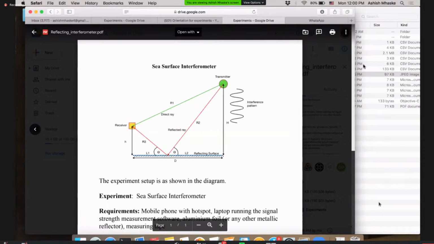That is relevant for the general 1 by r square dependence of the power received, then also for the corner reflector and the back reflector investigations, or any beam pattern measurements that you would be doing.